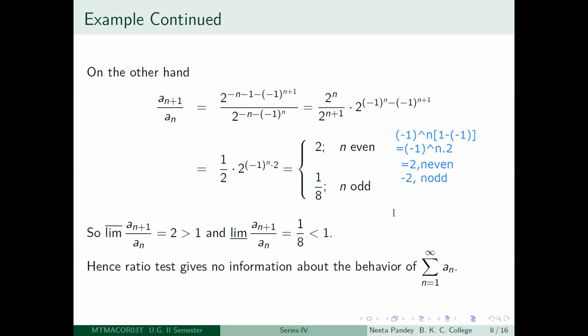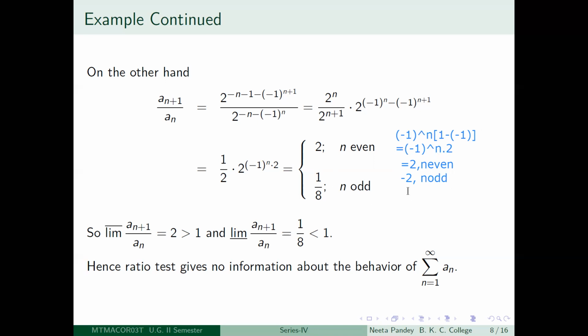So what does this look like? Let us see. If you have half into 2 to the power something, the power we are calculating here, the power is 2 when n is even. So it becomes 2 squared, so 4 divided by 2, so it becomes 2 when n is even. And when n is odd, this is becoming 2 to the power minus 2, right? So it becomes half into 1 by 2 squared. So it becomes 1 by 2 cubed. So n is odd.